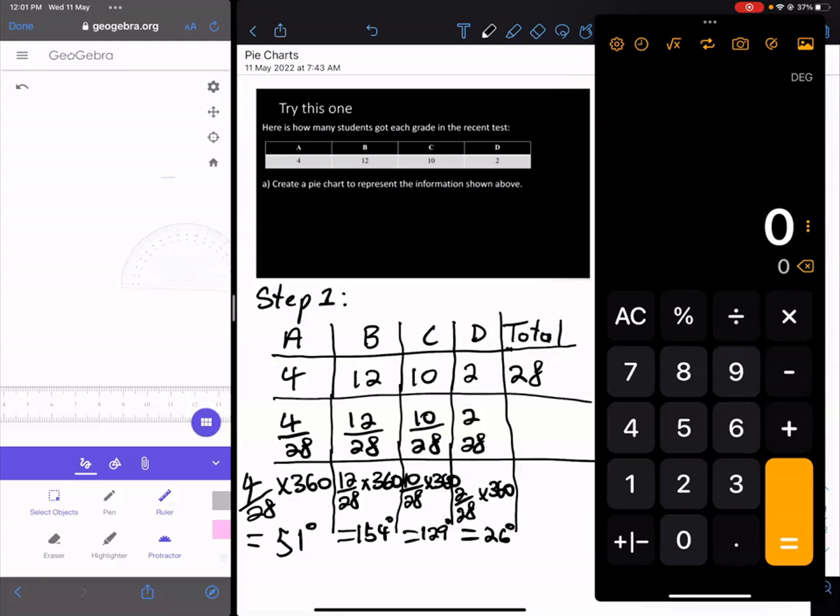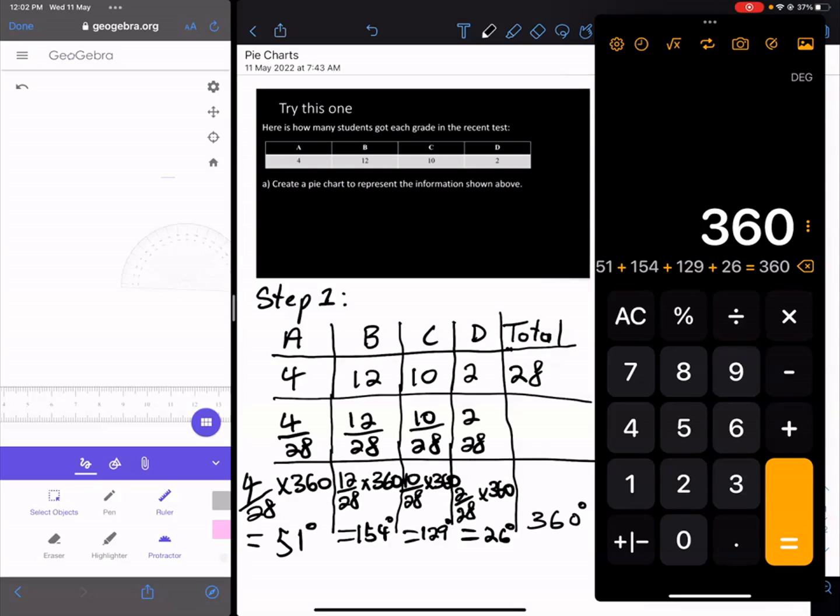Alright, so let's just check that our rounded answers give us a total of 360. Alright, beautiful. So the total is 360 degrees.